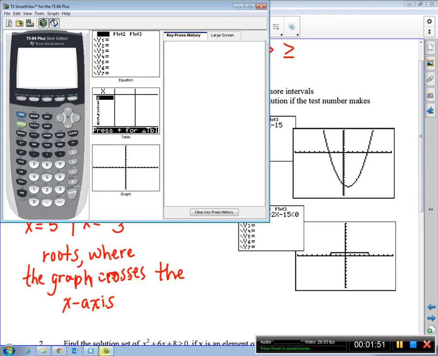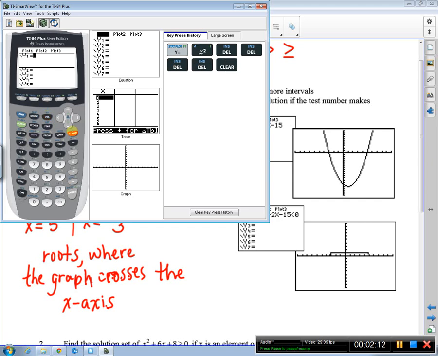So I want to hit y equals and x squared minus 2x.